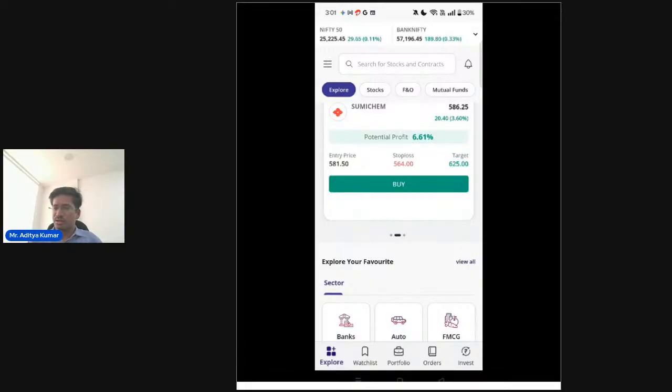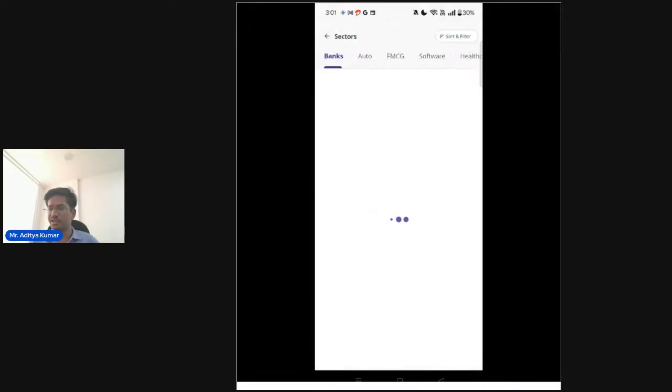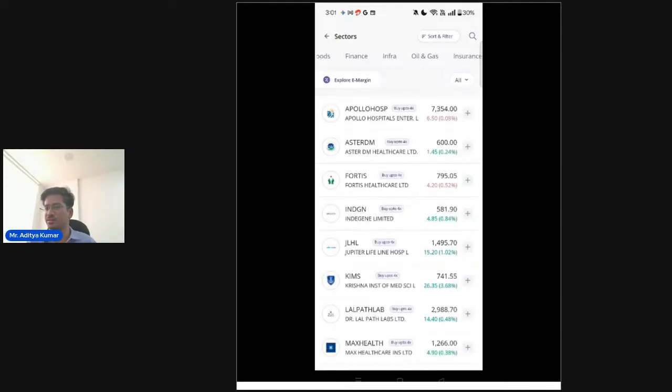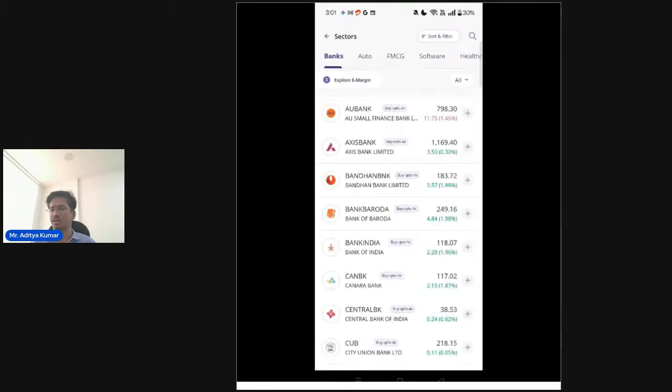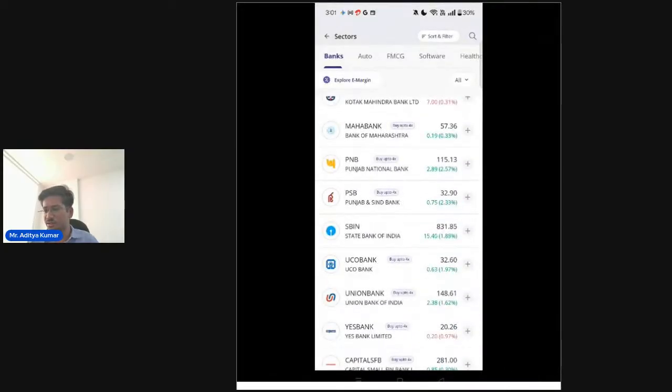Moving further, we can see the sector wise stocks. These help you to browse industries like banking, auto, FMCG, software, healthcare, capital goods, and there are many more sectors that you can view. If you are curious about news on a specific sector that you want to invest in, suppose you heard something about banks, that in the banking sector this is the change that is going to happen, or any news you got from RBI or any financial sector, then you can browse all the stocks you want to invest in.